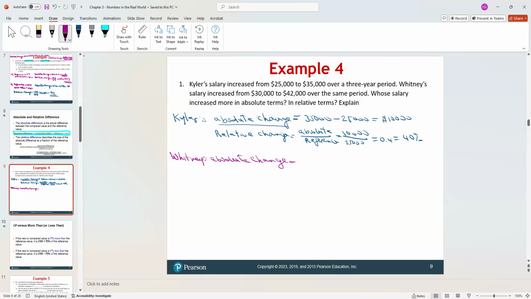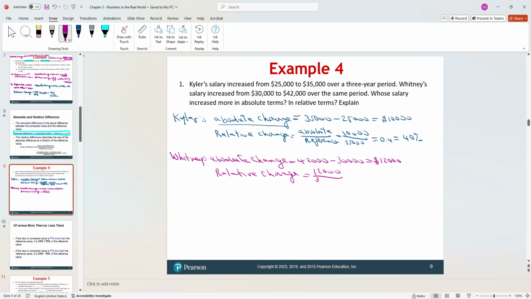Remember, new value 42,000 minus 30,000. What would that be for Whitney, please? Because you must have a calculator, and it looks something very easy to say is 12,000. Okay, but relative change is the absolute change, 12,000, over the reference value.